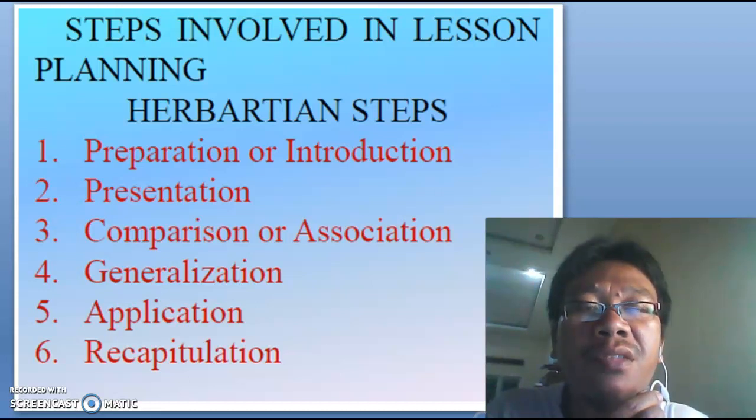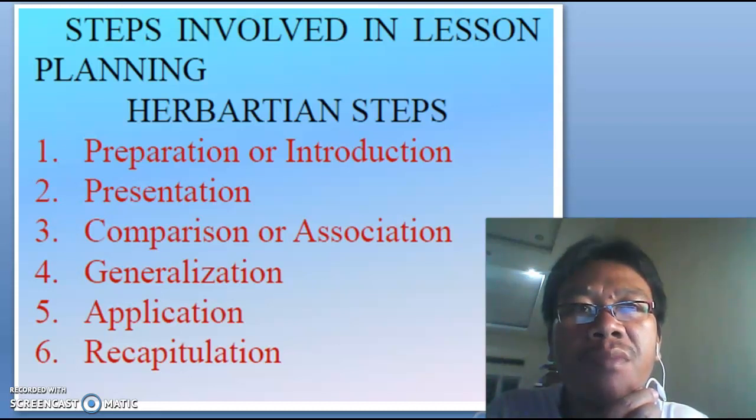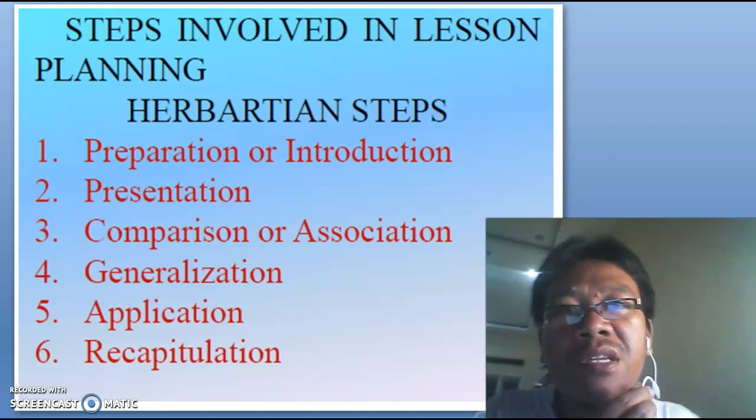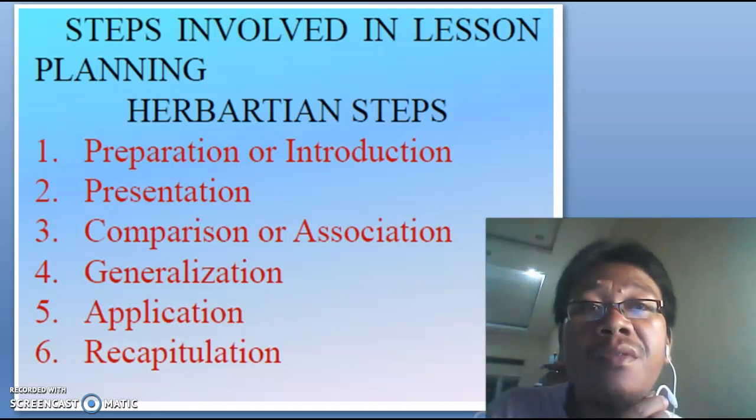The generalization step completes the inquiry by providing the answer to the problem with which it began. Thus, the students get new knowledge which is ready for use.